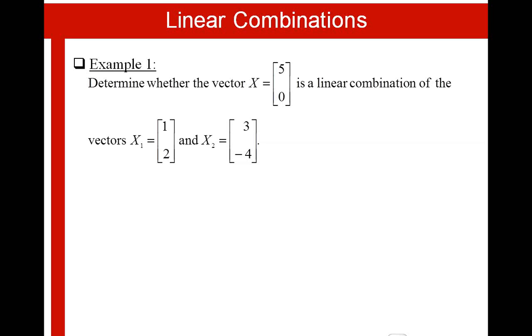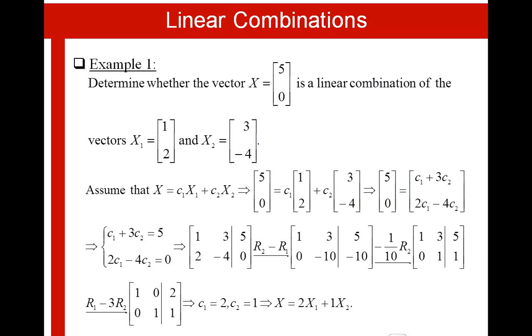Example: determine whether the vector x in R2, which has elements 5, 0, is a linear combination of the vectors x1 equal to 1, 2 and x2 equal to 3, minus 4. In order to answer this question, we will assume that x can be written as a linear combination with these scalar values c1 and c2.